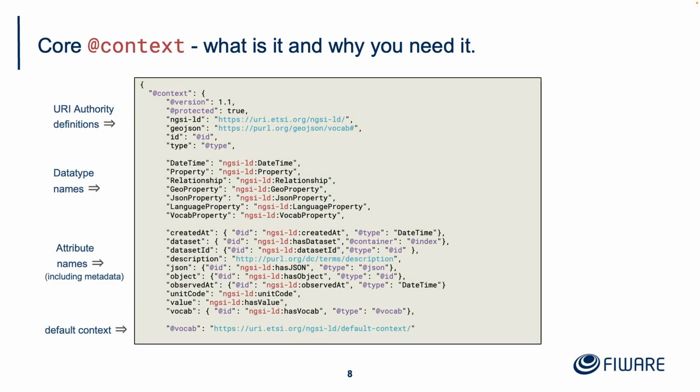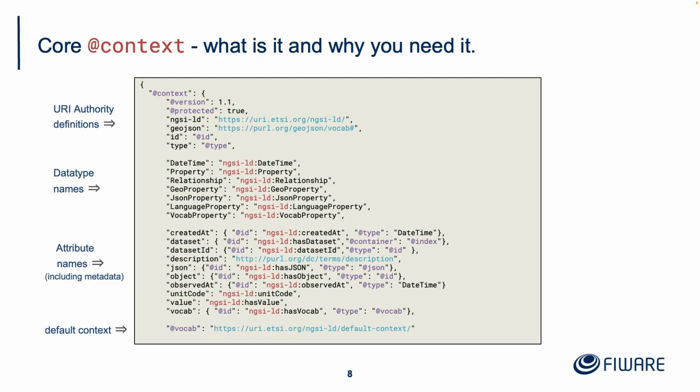So the ID in every single entity is a map to the @id keyword, which is saying this is a thing. And similarly, the type is mapped to @type, saying this is a thing of type whatever. This is so that this thing is machine readable.